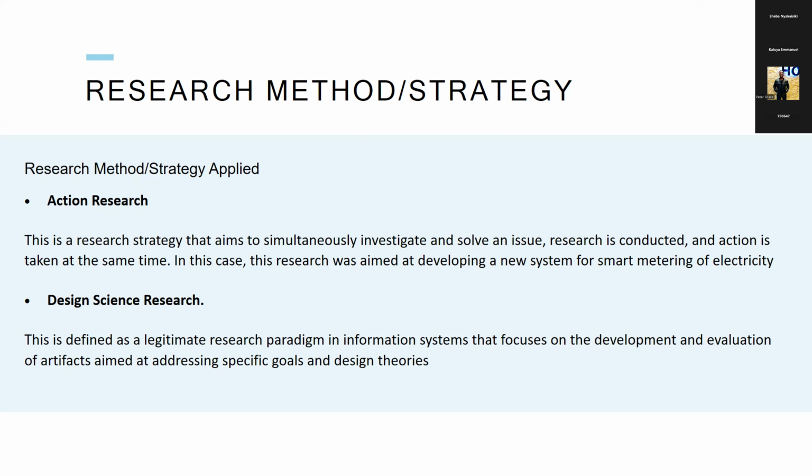This also feeds into the first one, where they were looking at developing an artifact and having it evaluated to address a specific goal. And the goal was to come up with the new GPRS-based metering system.